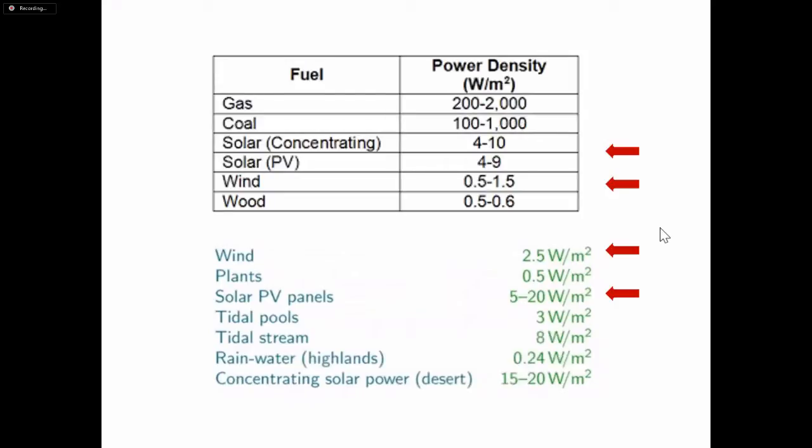There is also concentrated solar power in desert areas. That means this one number, but this one is higher, so almost 20, rather than 10. But there are some variations. Anyway, solar has higher capability, and wind.